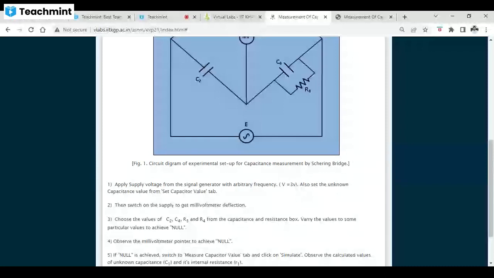बोले तो पेड़ में तो कूद जाओ Achieve. Then click to measure the capacitor value tab and click sim and observation is calculated value is unknown capacitance sim.